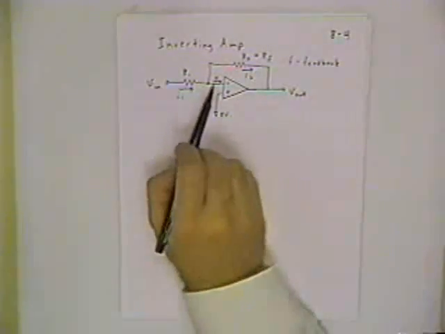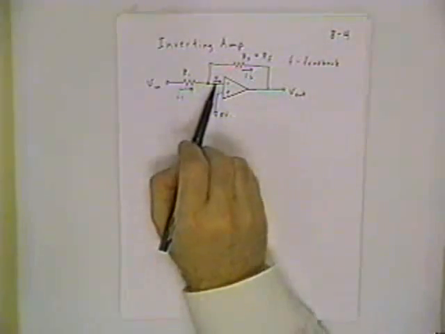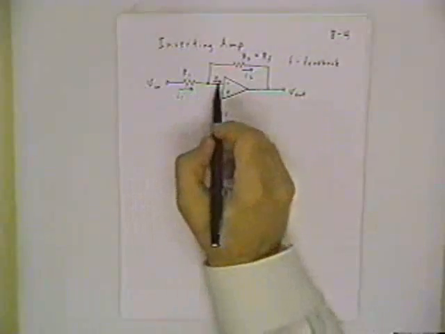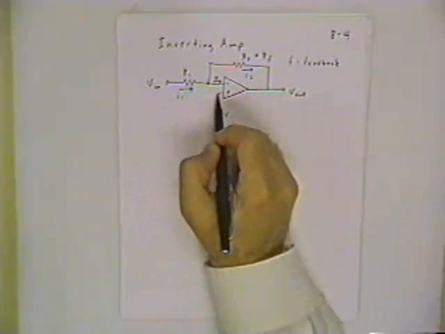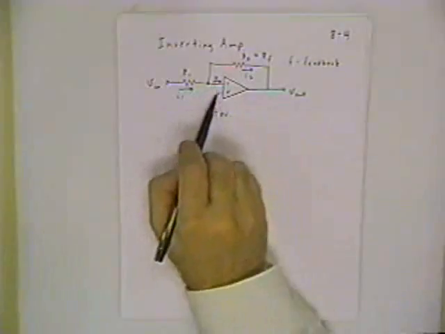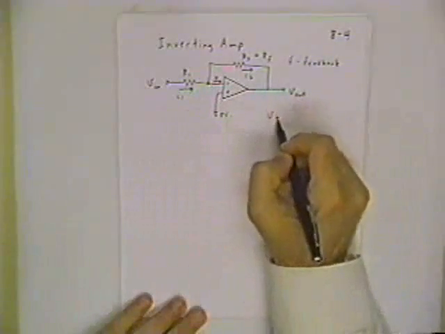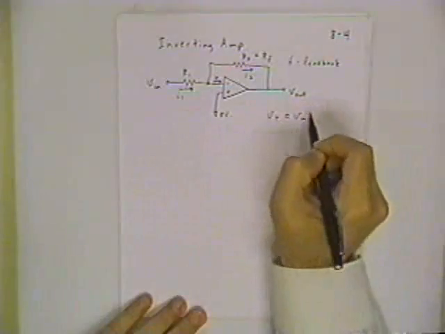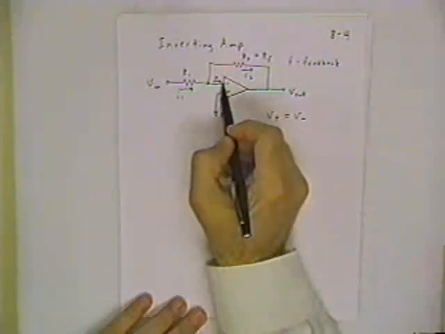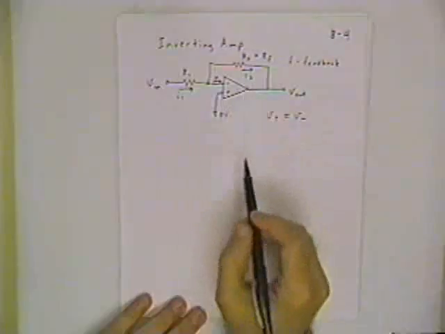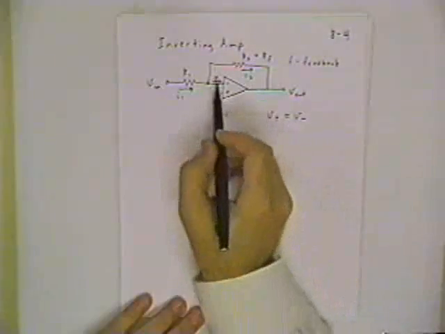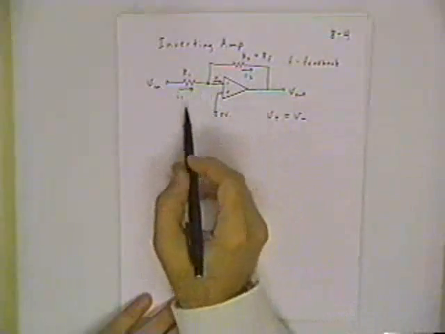But for ideal model calculations, you just go ahead and assign 0 current to that wire and 0 potential difference across the inputs. Remember, these are the ones that I was calling V1 and V2 in the other drawing. So now we can say, ideal model says V plus equals V minus if those are the node voltages at the negative and positive inputs. We've already included the 0 current.